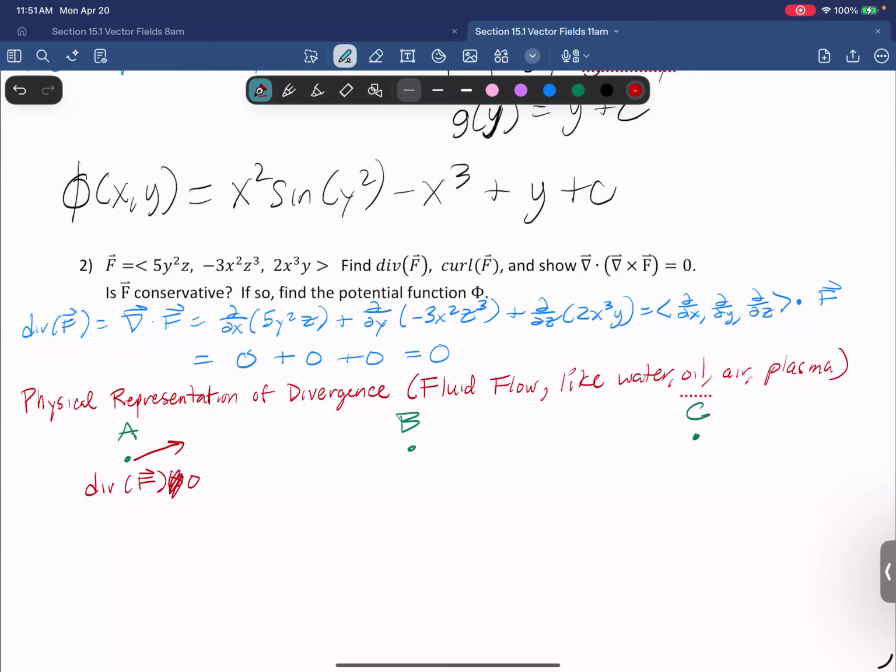So if there's a flow away from a point, kind of like the Big Bang, everything just came from a point and then a whole bunch came out of it. We call this in the physical representation a source, like a source of flow.